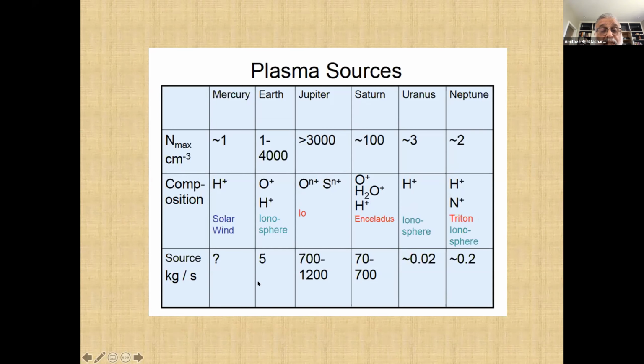And if you actually look at the kilograms per second for Earth, this amounts to mass loading of Earth of a few hundred tons. This is 5 kilograms per second. And if you look at the solar wind pressure, one of the things that you could wonder is why the solar wind pressure, which is enormous, doesn't completely blow off the Earth's magnetosphere.